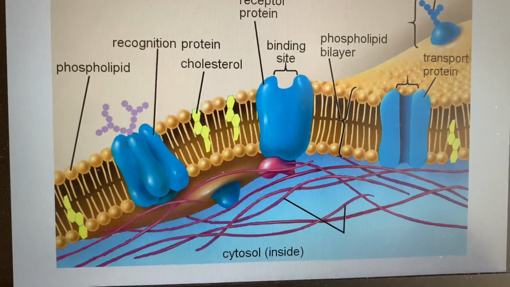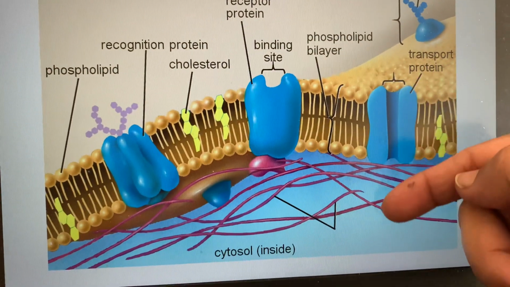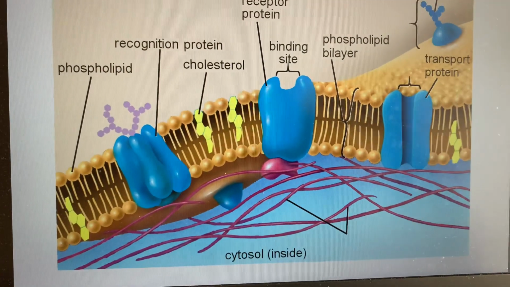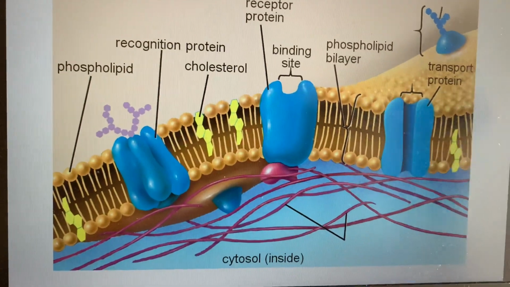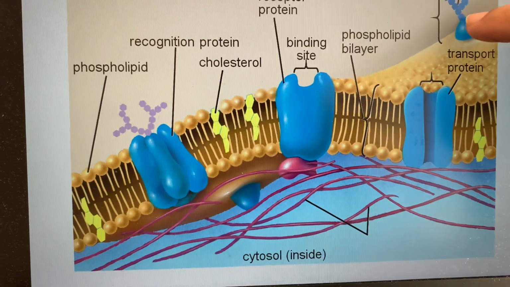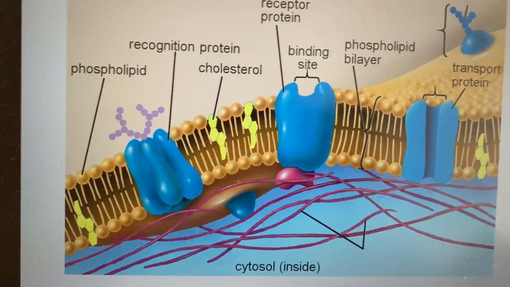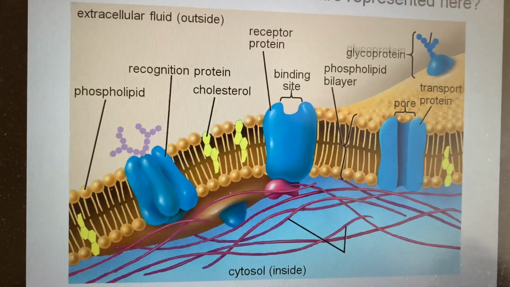And there are transport proteins. Through these there is a channel in between, and the outside protein can be moved into the cell, into the cytosol. There is a pore there.